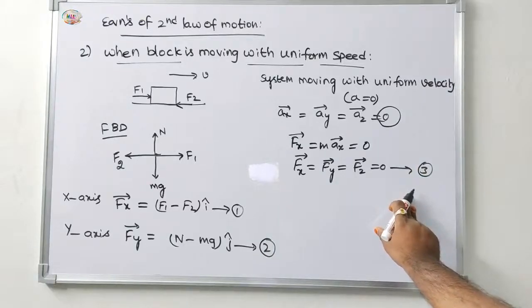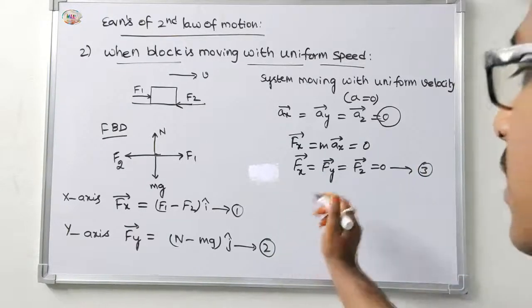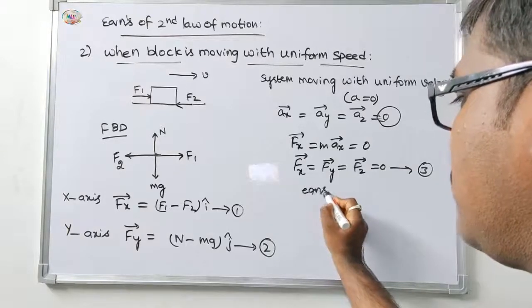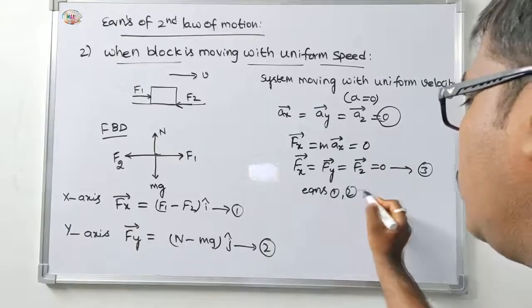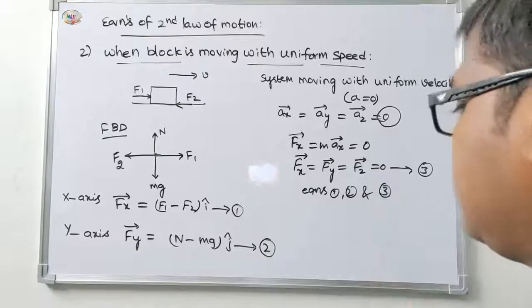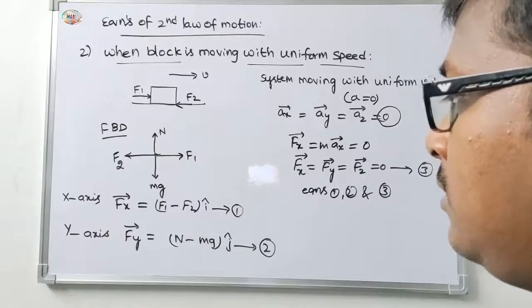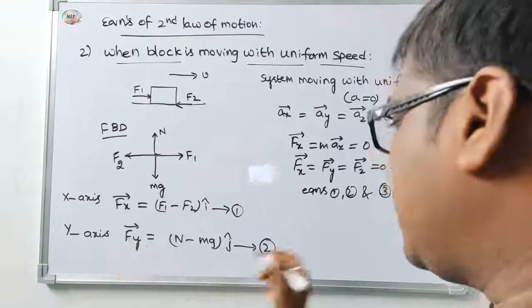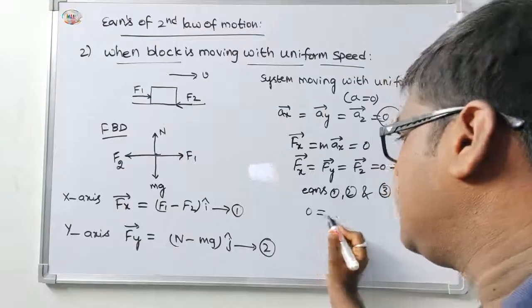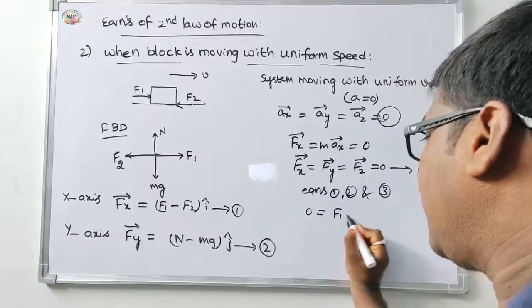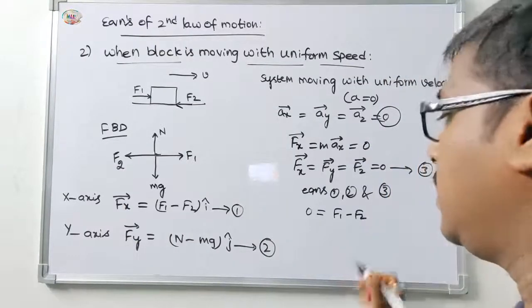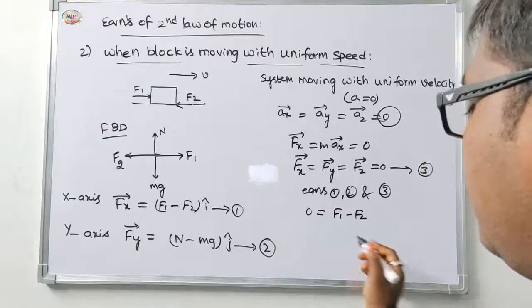From equations 1, 2 and 3, taking the first equation, Fx is equal to 0, so 0 is equal to F1 minus F2.